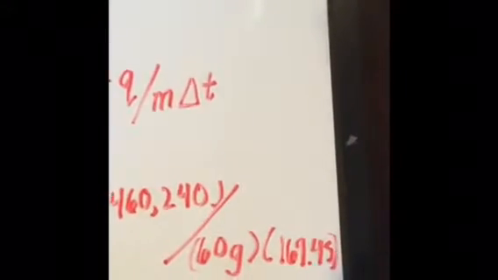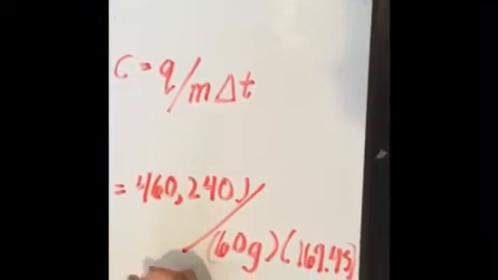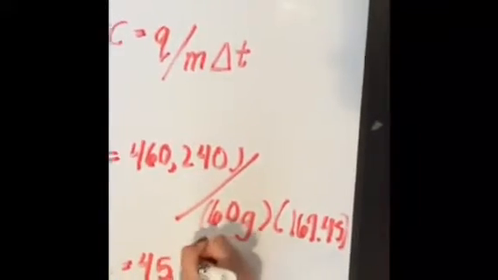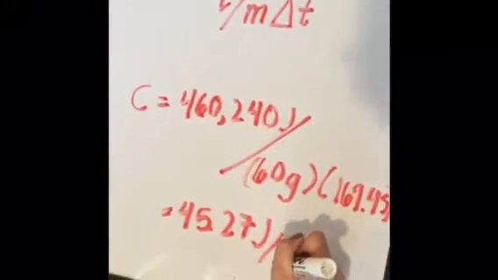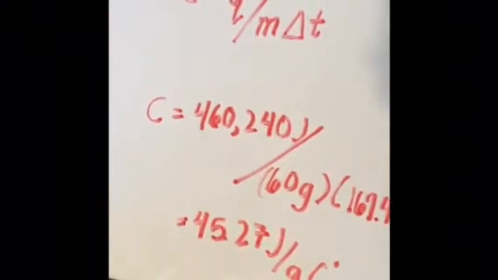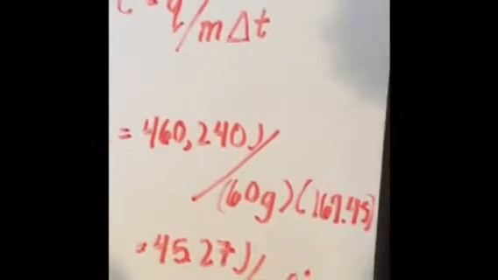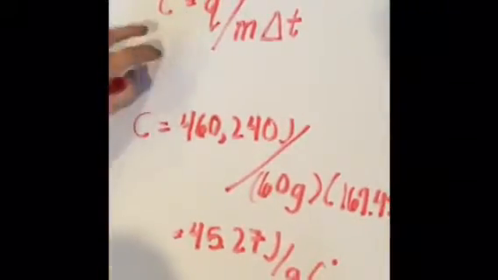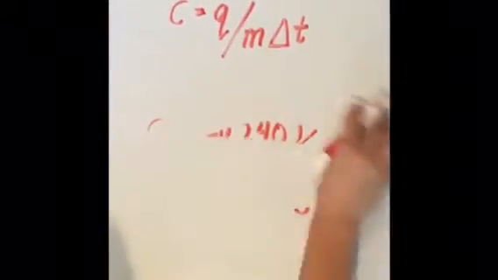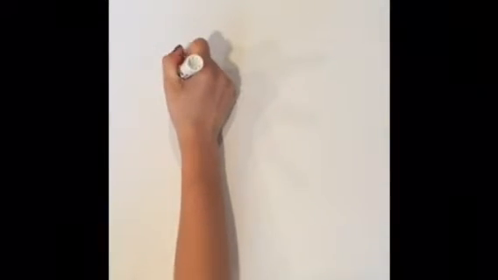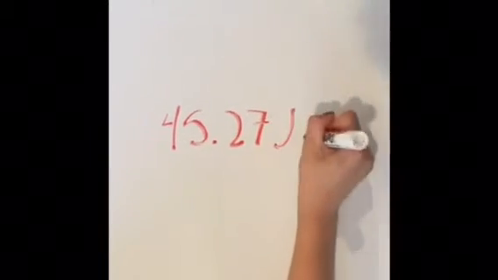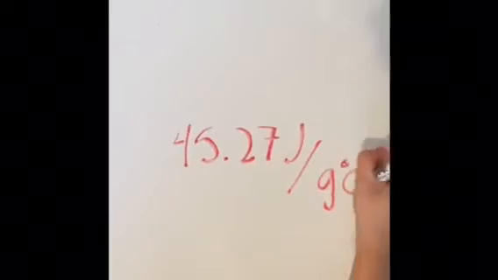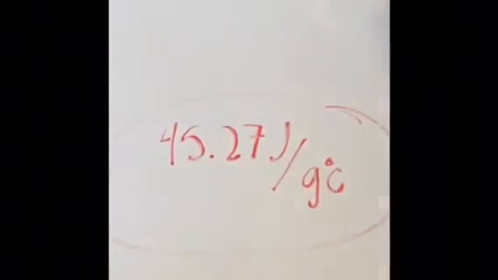And then you get all that, and you get 45.27 joules per gram Celsius. And when you do that, that equals the specific heat capacity. So the specific heat capacity of a cookie is 45.27 joules per gram Celsius. And that is the specific heat capacity.